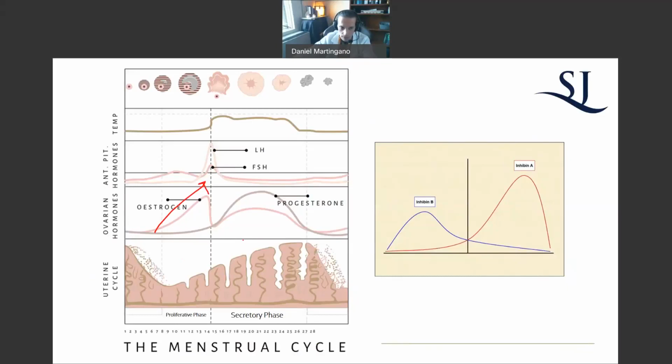If you're bleeding, you're in this sloughing phase, so it's almost like you're here. Then if I give you your IV estrogen, it very quickly brings you here into this step on the diagram.